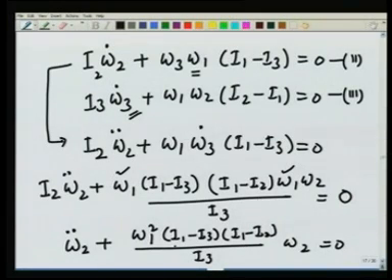Notice, since I1 is the smallest moment of inertia, I1 minus I3 is negative, and so is I1 minus I2.